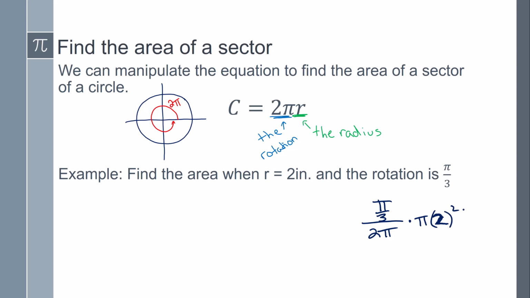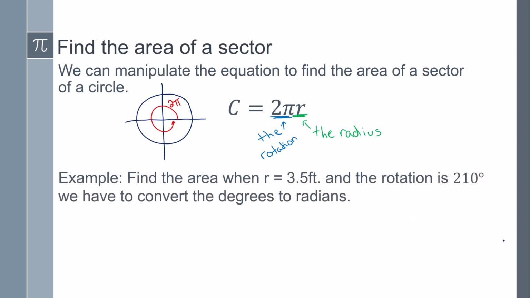From here, you would just simplify it, right? You could enter that in your calculator. Sometimes they want you to have exact. If it's exact, then you can't enter it in. But this is something that you would just calculate, and you're going to get something inches squared. So in here, that would cancel out times 4, so you get 4 pi over 6, which is 2 pi thirds.